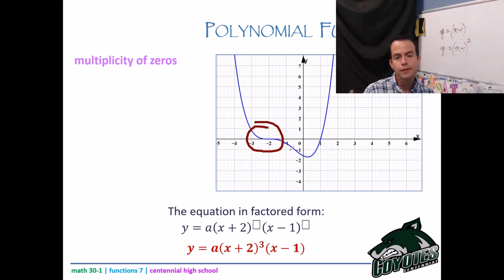What I'm doing is something called inflecting. This is called a point of inflection right here. What happens is the graph will curve into the x-axis and then curve out of the x-axis, but I don't actually ever change direction. So that guy there is called a point of inflection. On the other guy, the 1, I just went right through.